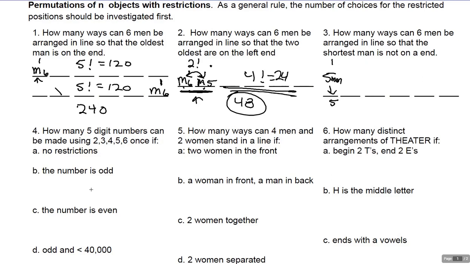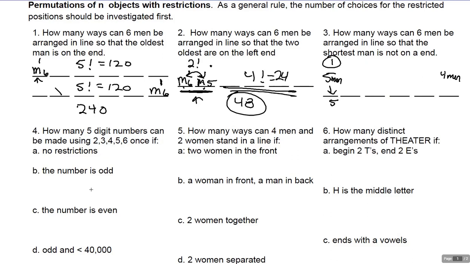How many can stand on the other end? How many men do I have? Oh, because one's there, right? I've got one man standing over here. Now I don't know who he is. All I know is he's not the shortest. He's one of these 5 guys.